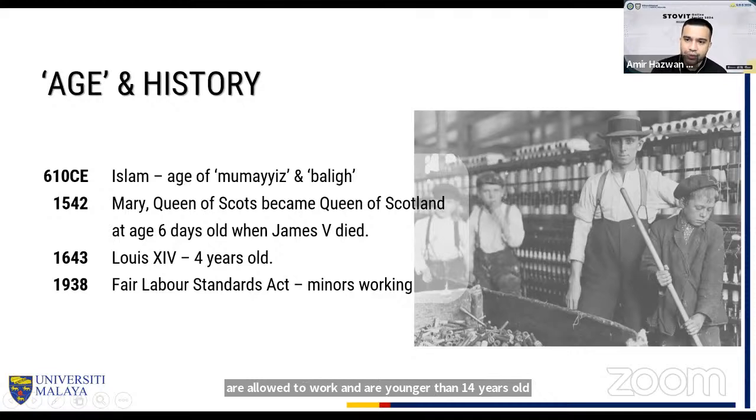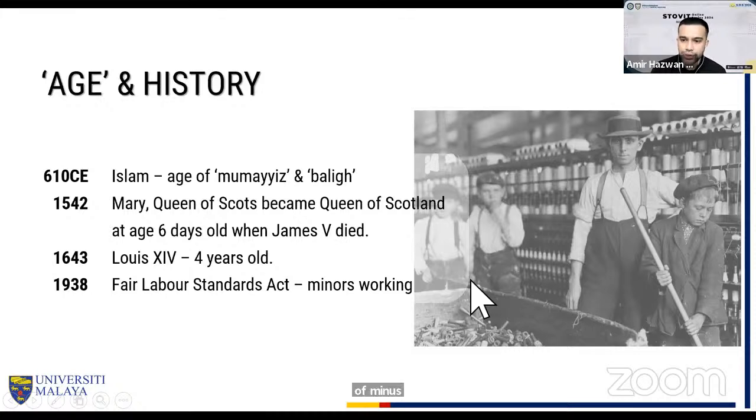And even if you're allowed to work, there are certain hours that you are permitted to do so. So in 1938, they became more aware of the importance of minors not going to work and attending school.